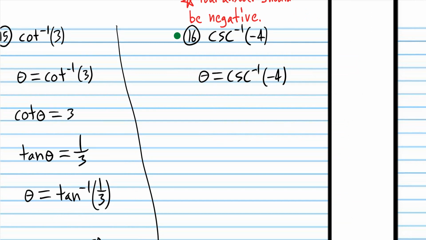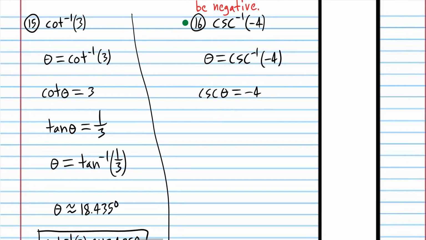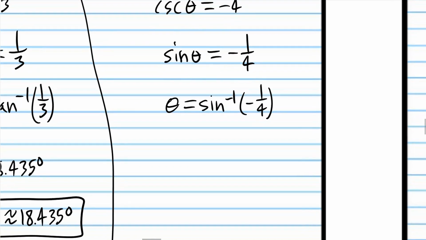So we're setting the expression equal to theta. By definition, cosecant theta is equal to -4 if that's true. And if cosecant theta is equal to -4, then sine theta is equal to -1/4. That's the reciprocal identity. And now we can use our calculators to find the value of theta, because our calculators have that function on them.